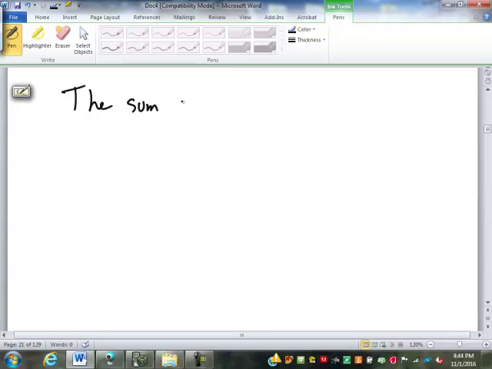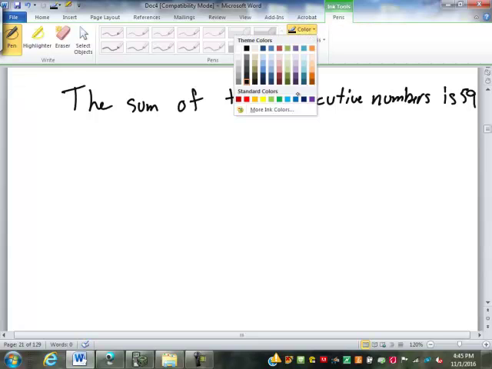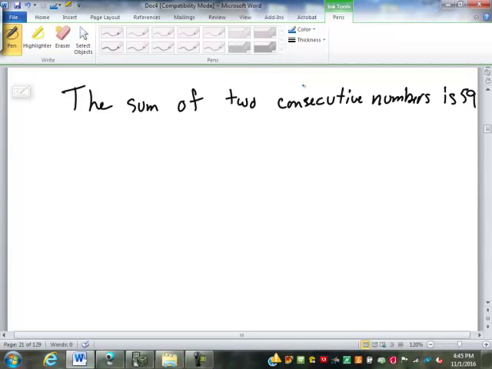So let's look at the sum of 2 consecutive numbers is 59. What does 2 consecutive numbers mean? Like 7, 8, or 11, 12, or 23, 24. It's 2 numbers, one right after another.